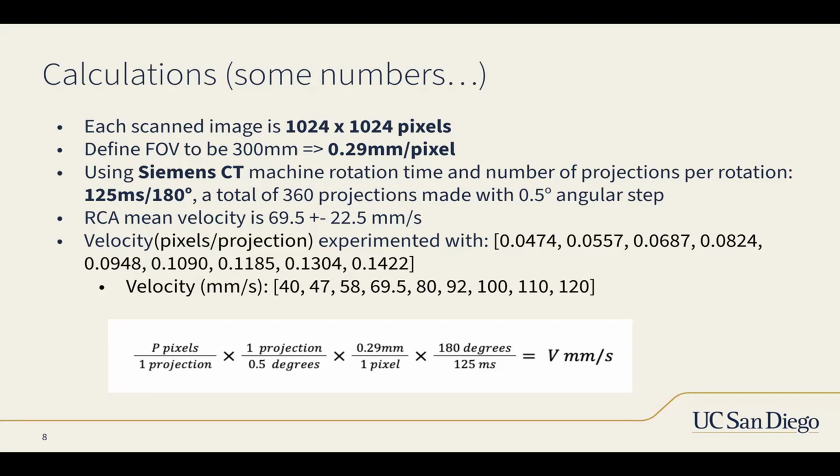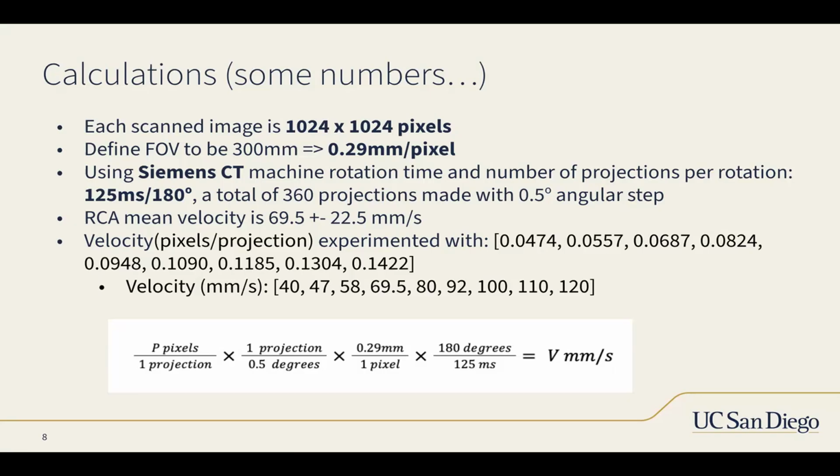Since different CT machines have different rotation times and speeds, we looked up all of them and decided to go with Siemens CT, which rotates about 180 degrees in 125 milliseconds. They also do 360 projections in those 180 degrees.